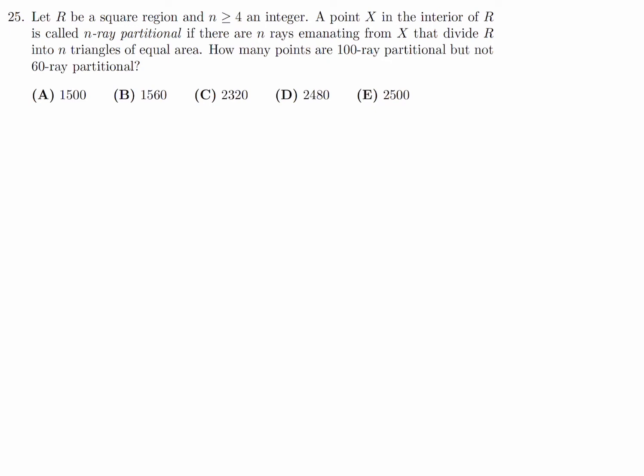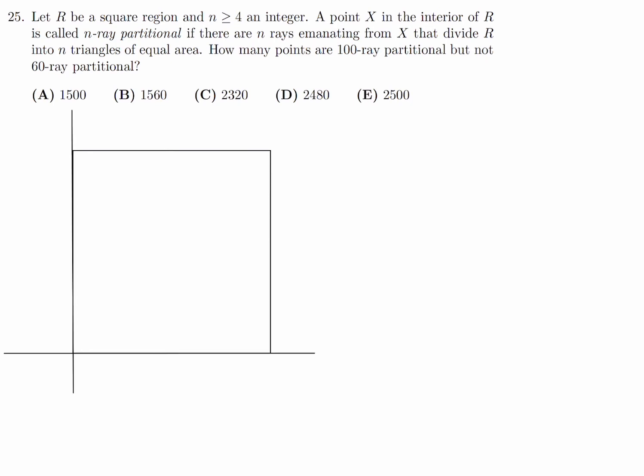Let's first discuss what this question means. So we'll draw a diagram. Here's a square. And what I'm going to do is put it on a coordinate grid. And we'll just put some point we can call x. So right here, let's say that's x. And emanating from x, you're going to have these rays, right?